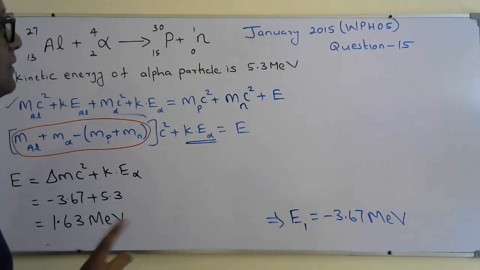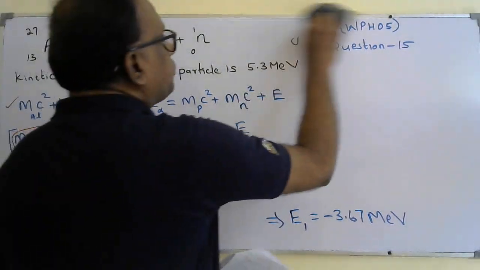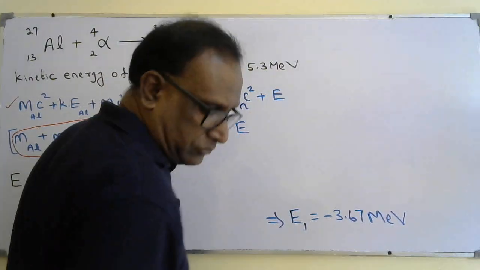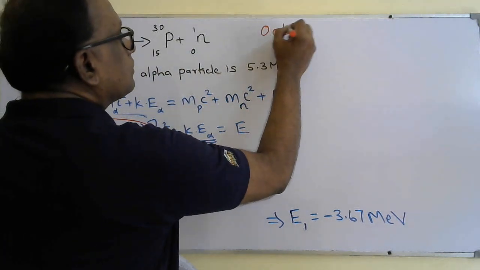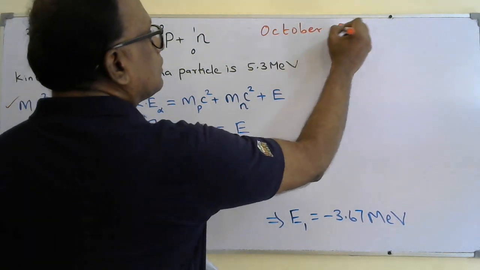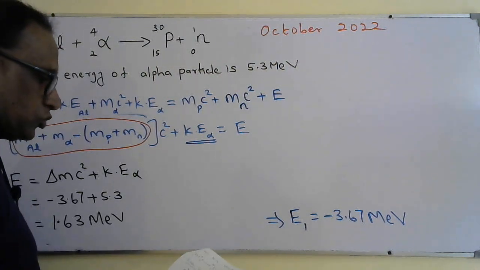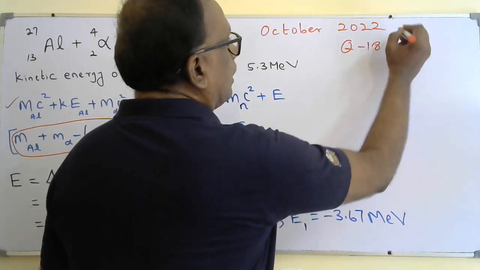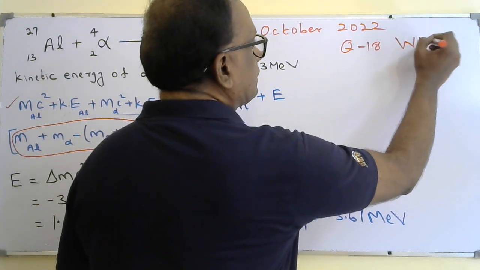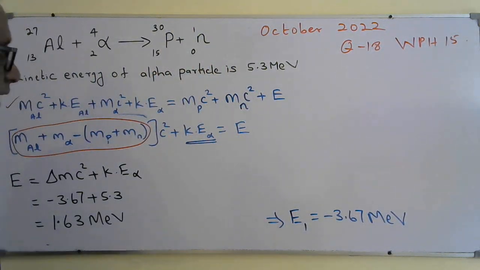But anyway, the same type of question appeared again during October 2022, exactly the same question, October 2022, question 18, which is the WPH15 paper, but there we are not getting a negative answer.